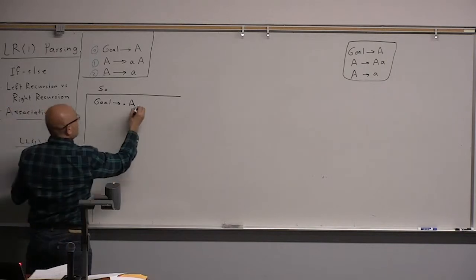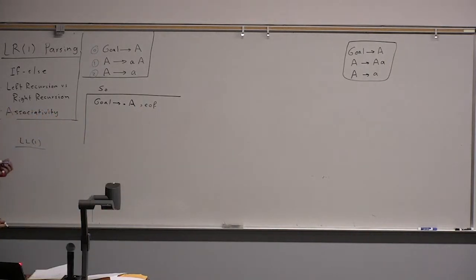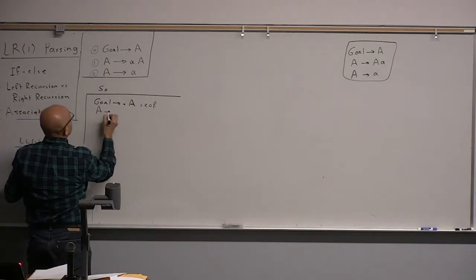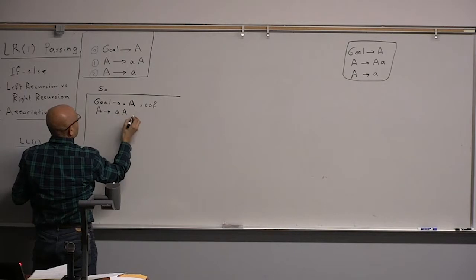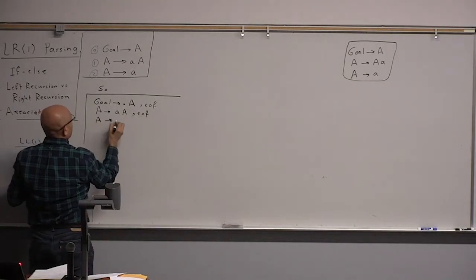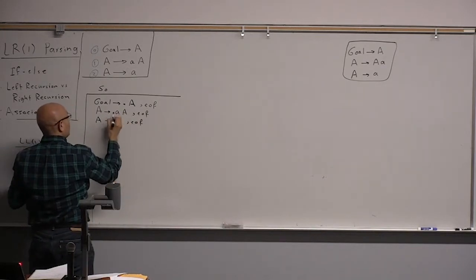It's always end of file. Then we expand A. So A is AA end of file, or A end of file, and we are at the beginning of an A.